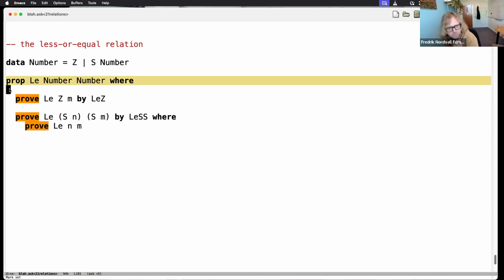It's formed by the constructor le, or less than or equals, and it is parameterized by two numbers. And then we give the rules for how to deduce when one number is less than or equal to another.